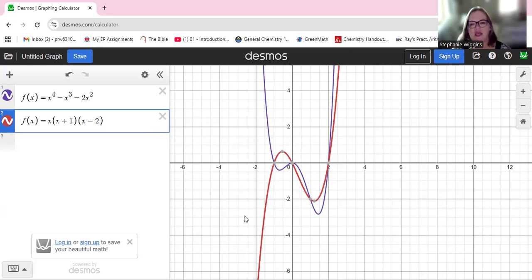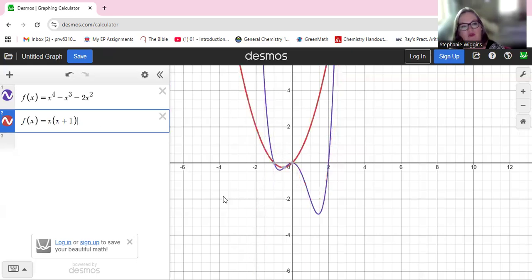So you'll notice here, let me get rid of that red function for a second. Notice here that something different happens. So here's an x-intercept. We're coming down, the curve crosses the x-axis, and also here it crosses the x-axis. But here it doesn't cross the x-axis, it touches the x-axis.